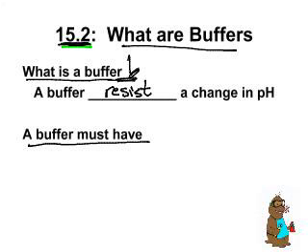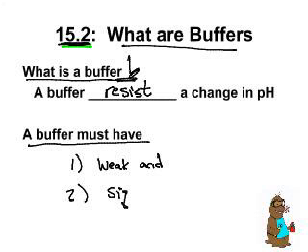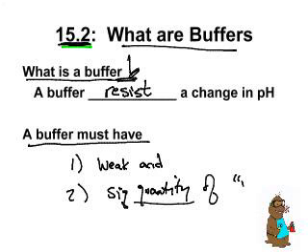There are two components to a buffer. A buffer must have a weak acid, and number two, a significant quantity of the partner. Could it also be a weak base and its partner? Yes, hold on, let's finish this idea.